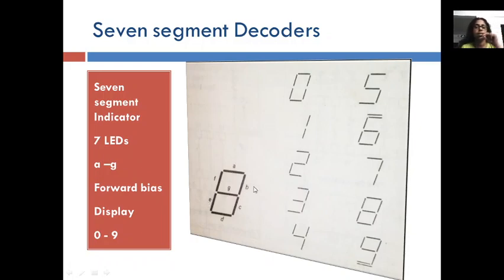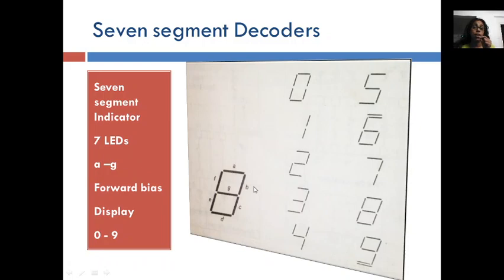You have seen this 7-segment display many times, and these are 7 LEDs displaying. Depending on the forward biasing condition, it will display digits from 0 to 9.